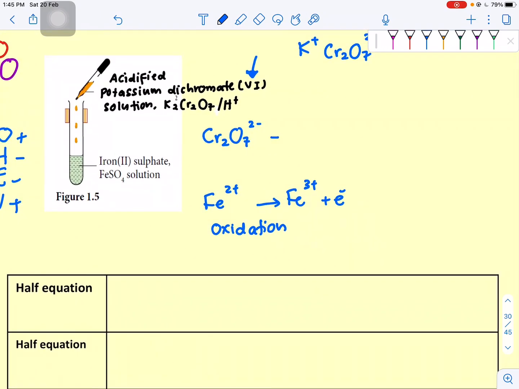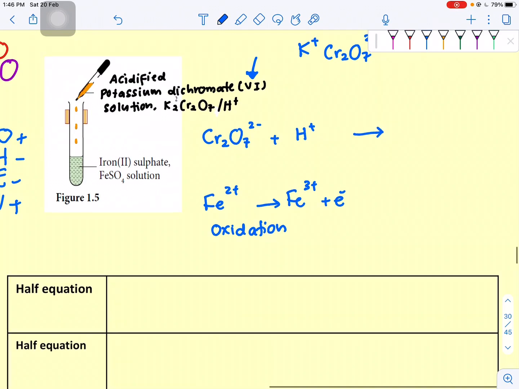Okay. And then because dia acidified, kita kena tulis H+. Itu step dia. And then produk dia apa? Produk you kena hafal. Kalau manganese keluar Mn2+, kalau chromate keluar Cr3+ dan juga H2O. Okay.